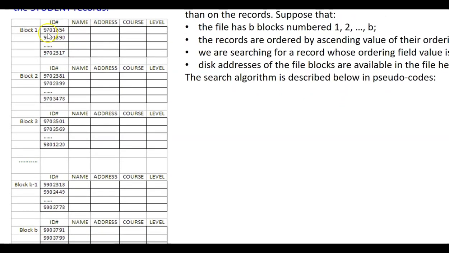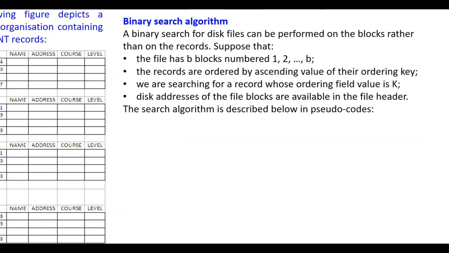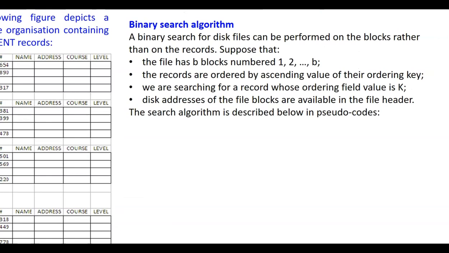If you look at the ordering key, the ID number, it is sequential all through the different blocks. So if you're going to use a binary search algorithm for this particular kind of file, a binary search for the disk files can be performed on the blocks rather than on particular records. So in this case, you are looking at a particular block rather than looking at an individual record.